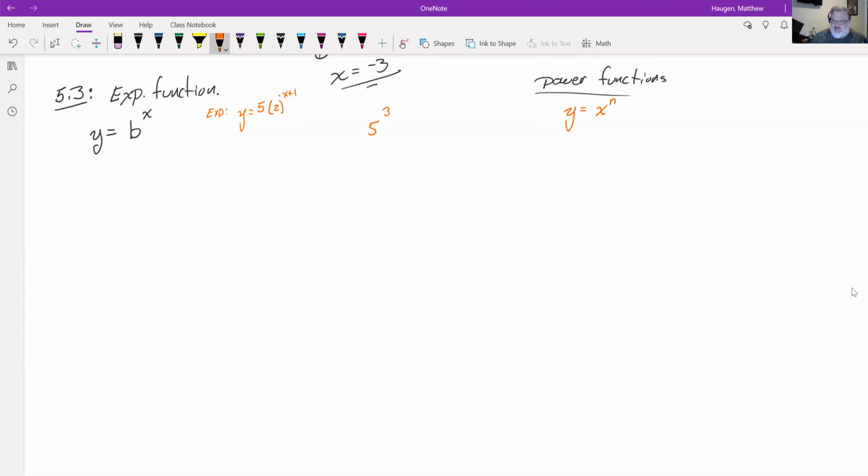But as the title for a function type, what makes an exponential function exponential is the fact that the variable is in the exponent position. That's where the x is, that's the input, that's what's changing. In a power function, the variable is in the base, and the power is a constant.